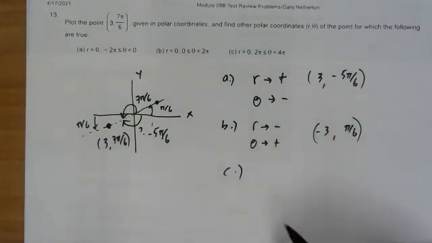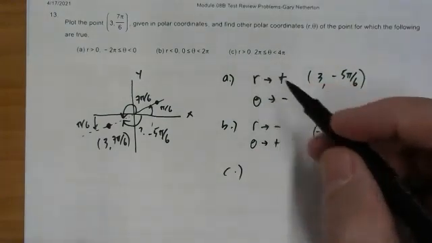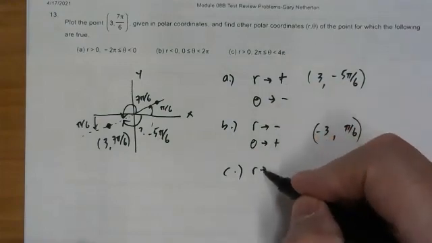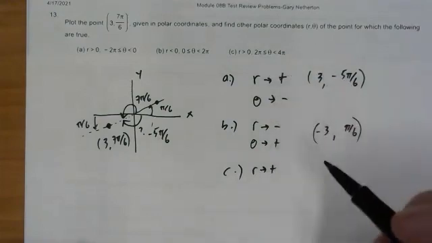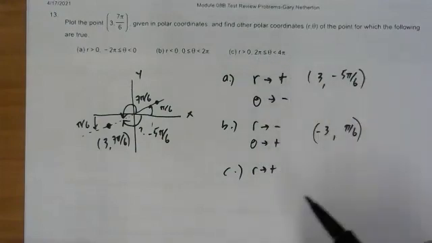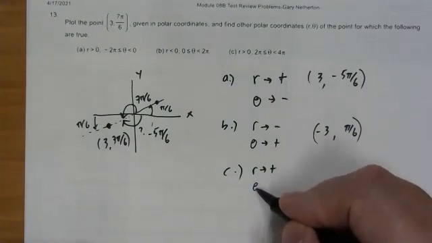And then the last one, part C, says, how about r is positive? And now something a little different. I actually want the angle to be between 2 pi and 4 pi.